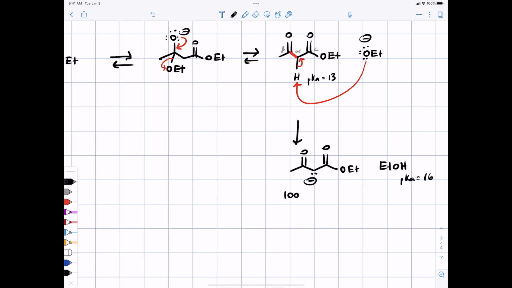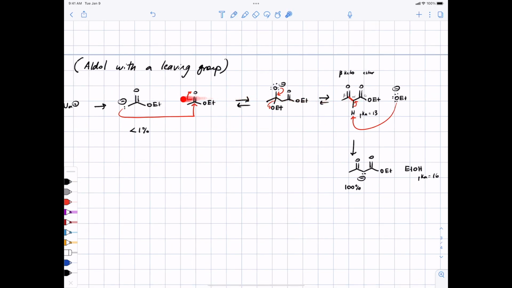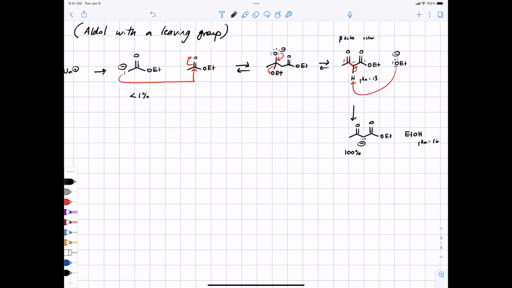That's, again, about 100% yield. So while all of these steps are reversible up to this point, as soon as you lose that alpha proton, the reaction is done.